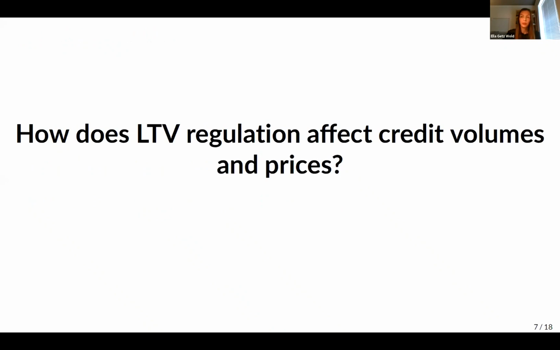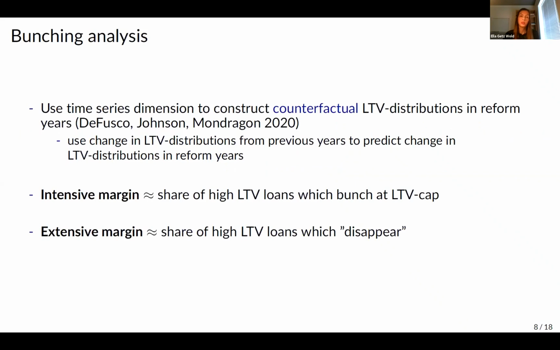So going to the first question: how does LTV regulation affect credit volumes and prices? We do a bunching analysis where we use the time series dimension of our data to construct counterfactual LTV distributions in reform years. We follow DeFusco, Johnson, and Mondragon here, although they have cross-sectional variation, which they can use to construct their counterfactual distributions.